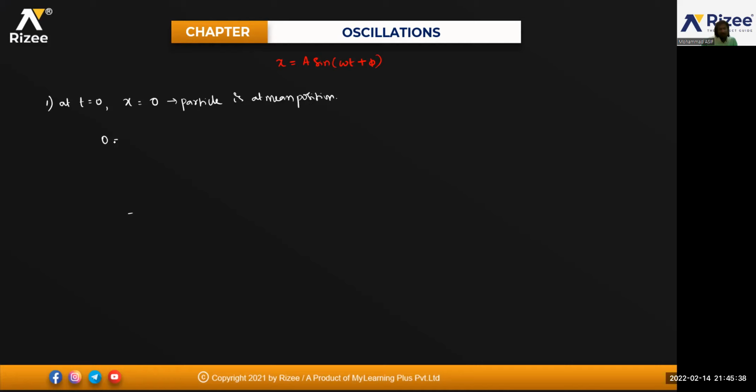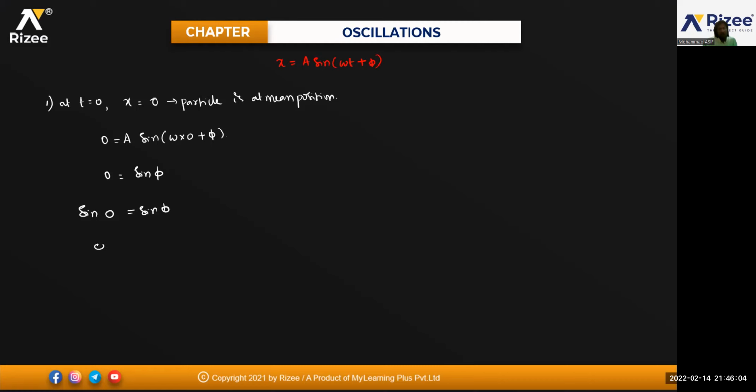When the particle is at mean position, now use the above equation. X is equal to 0, that is equal to A into sine omega into t, which will be 0, plus phi. That means this will be equal to A into sine phi. A will cancel, so sine phi is 0.